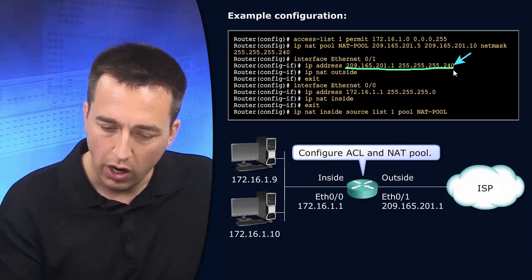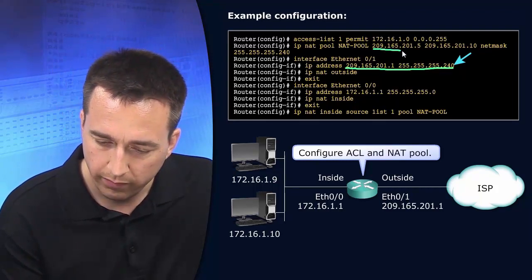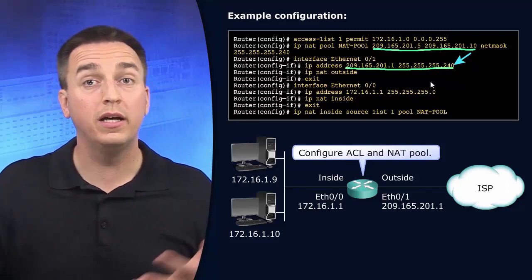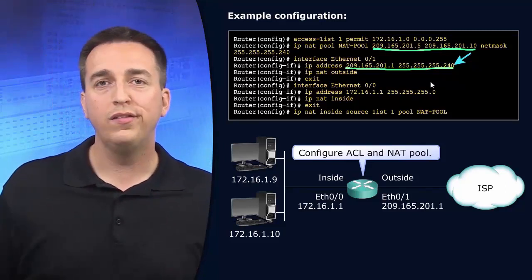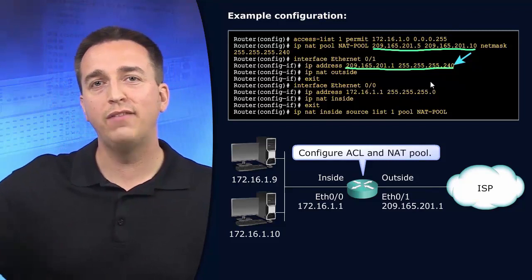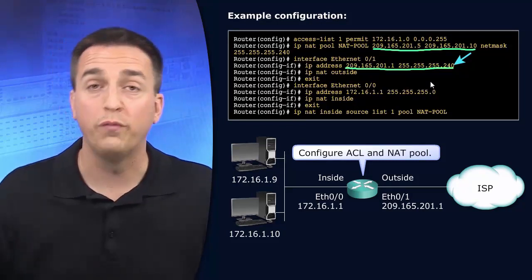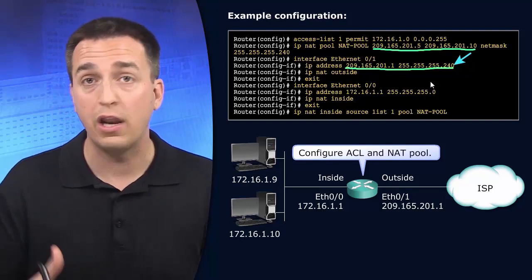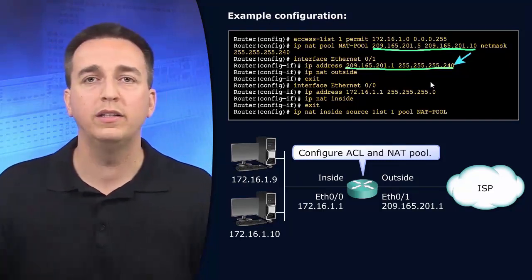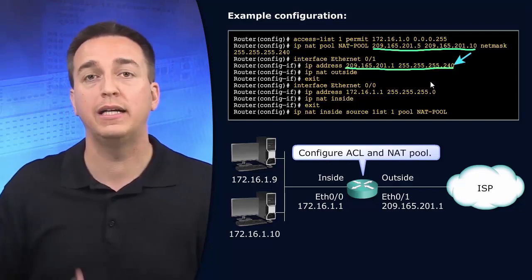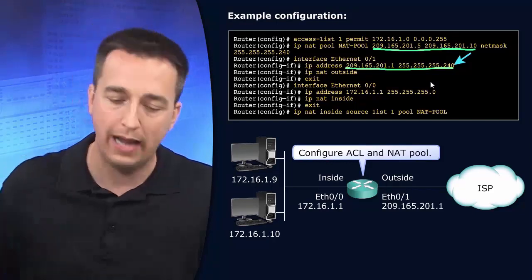In this case, our pool has to fall within that range of addresses, because if it doesn't, then it's not going to be advertised properly out to the internet. So if the pool is not part of this range at all, well, then we're going to have to find some way to advertise whatever pool we have or have been given by an ISP that's not being advertised. How are we going to get it advertised?